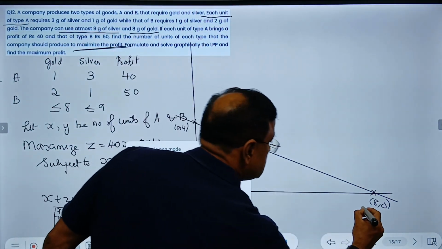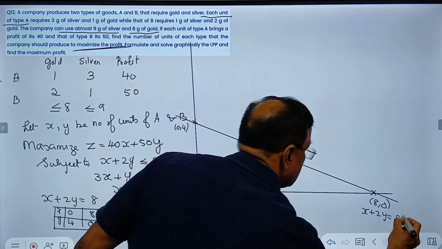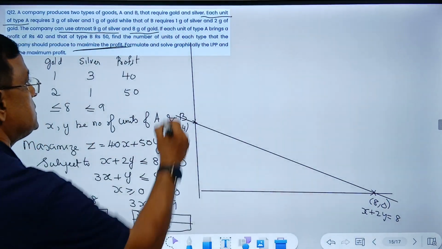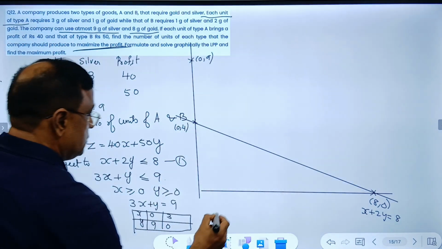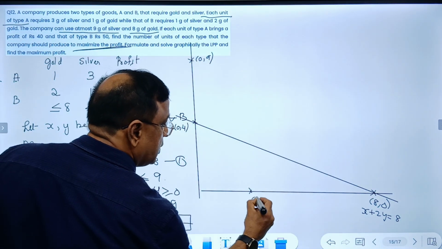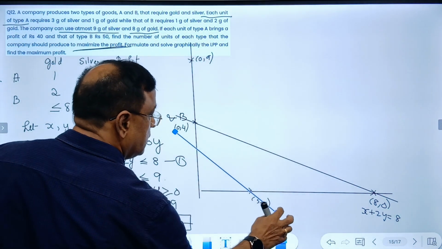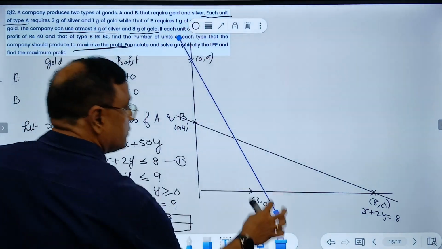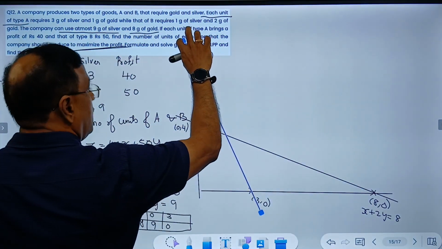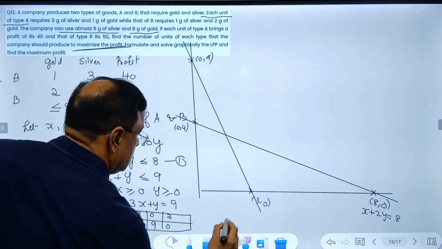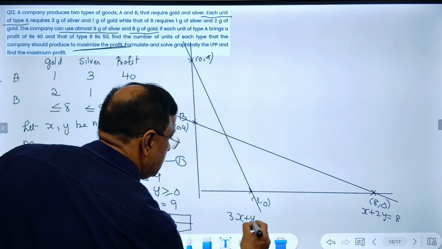The equation of this line is x plus 2y equal to 8. Now 0, 9 and 3, 0. I'll plot this and you get this line. This is 3x plus y equal to 9.